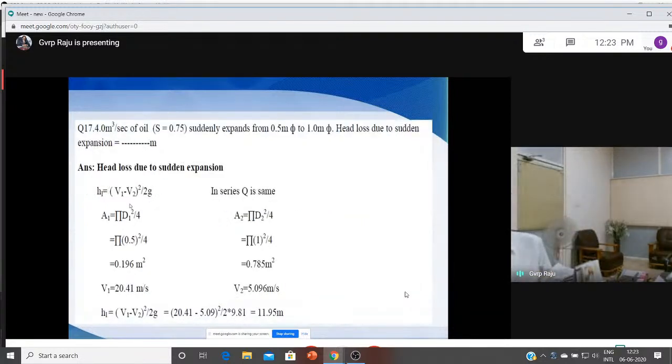So the other problem: the specific gravity is given as 0.75, and the pipe suddenly expands from 0.5 meter to 1 meter. Find the head loss due to sudden expansion. So it has given the discharge, so you can find the velocity here.